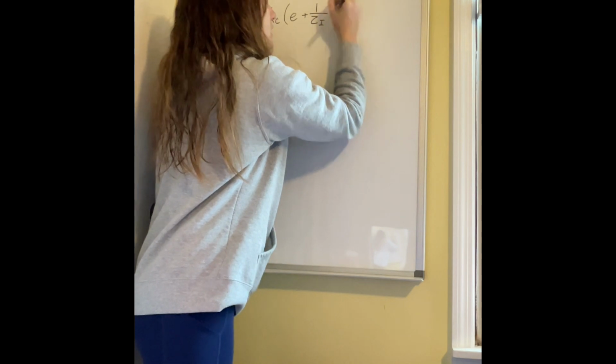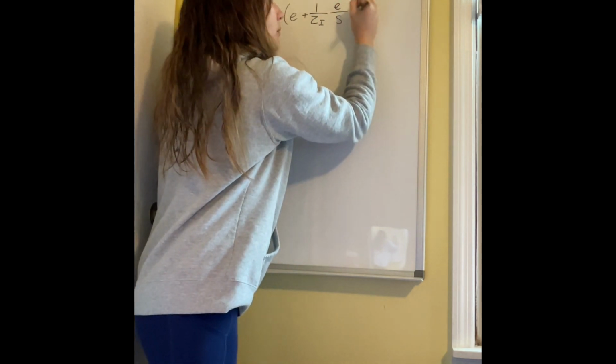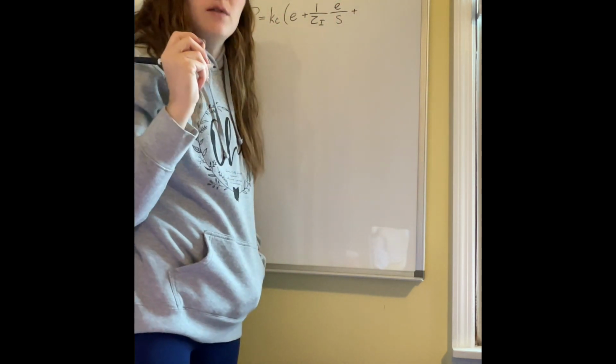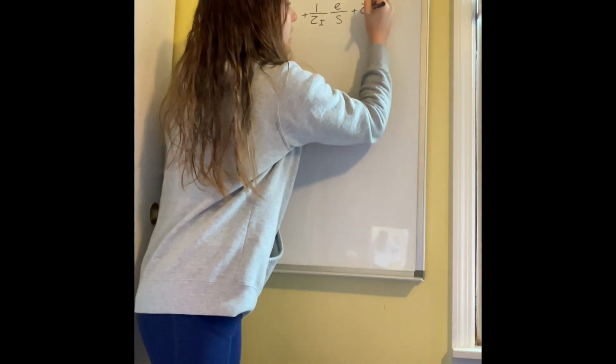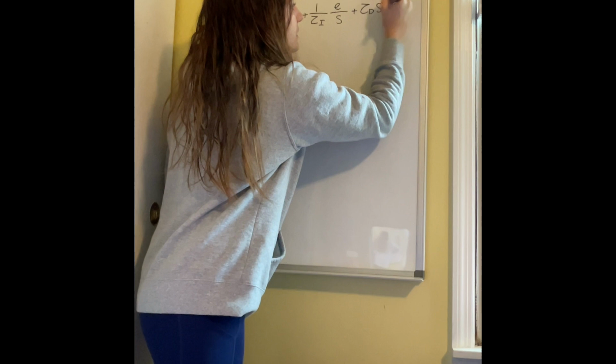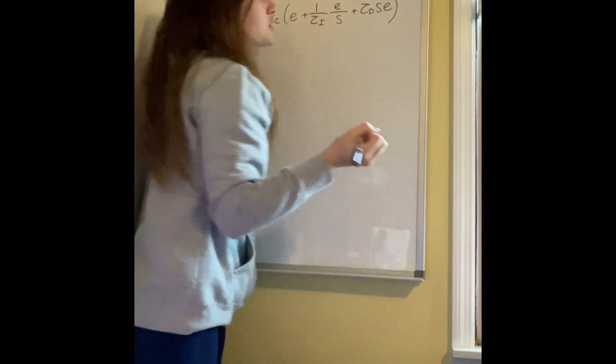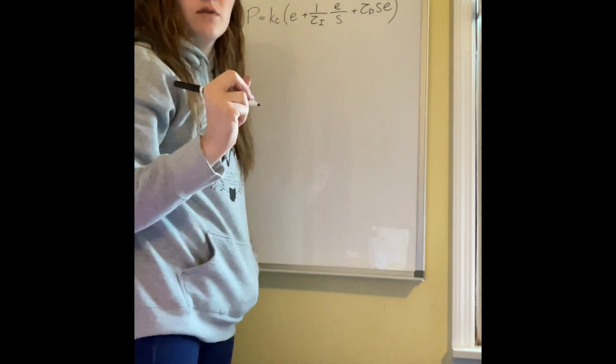So we're going to have e over s plus the Laplace transform of a derivative is just multiplied by s. So we're going to have tau d s e. So that's going to be the Laplace transform of our function.